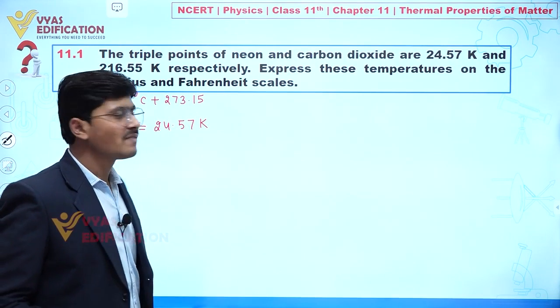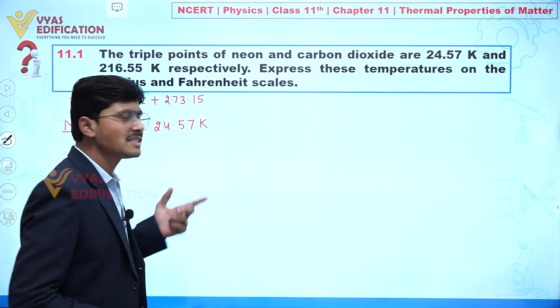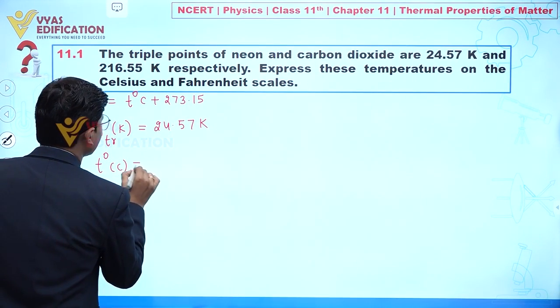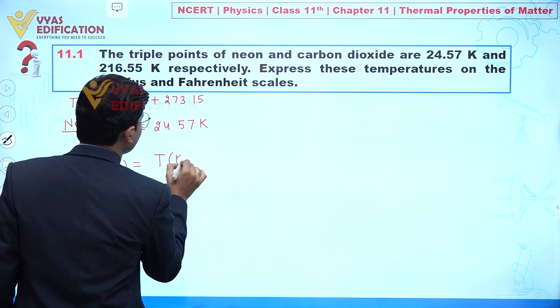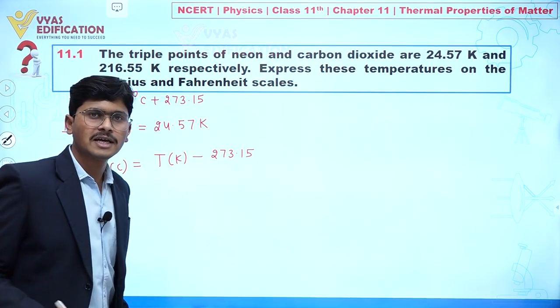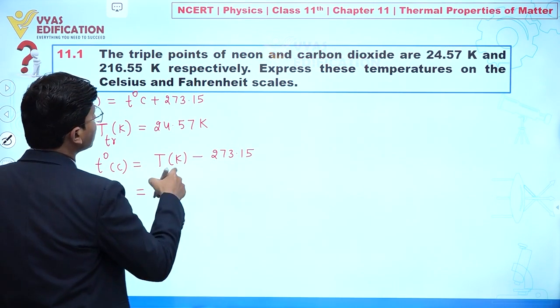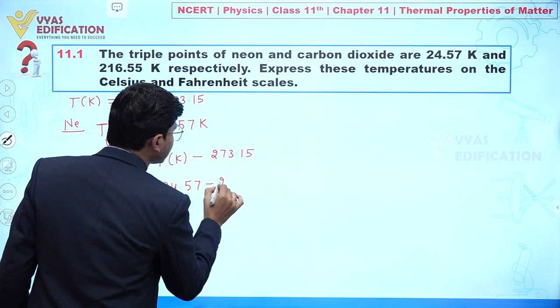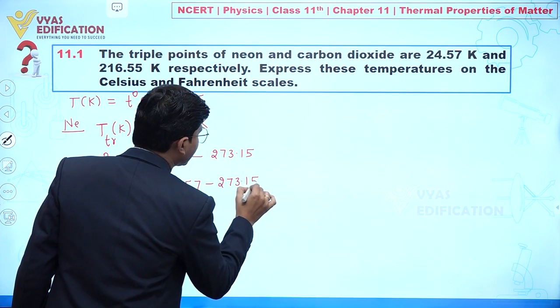Now can we convert this temperature into degree Celsius? Yes, we can utilize this relation. So temperature in degree Celsius is given by T in Kelvin minus 273.15. So from here you can write the Kelvin temperature, 24.57 minus 273.15.